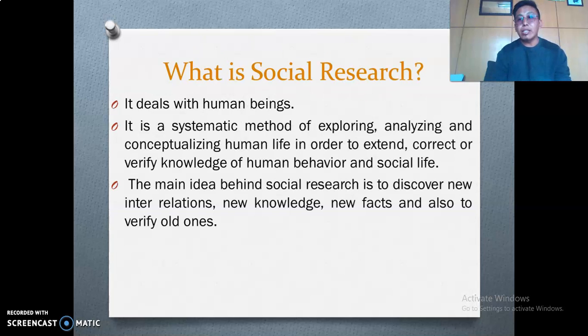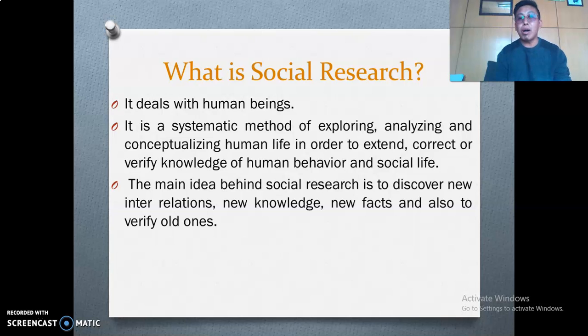And then let's come to what social research is. Research is a wider perspective, and when we narrow it down, we have social research. As the term is self-explanatory, social means society.